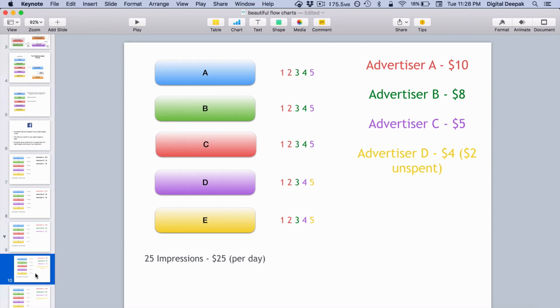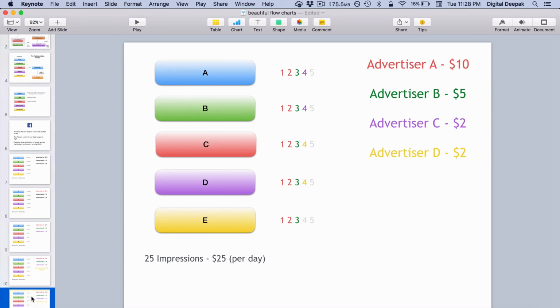However, when you look at this slide where we have advertiser D who has spent $2, we still have remaining inventories, and what I believe is that here advertiser C and advertiser D are technically going to get the cheapest cost in terms of cost per click or cost per sale or cost per action, because they are the lowest bidders, and Facebook is basically filling up the remaining inventory with the people who have the lowest daily budgets.